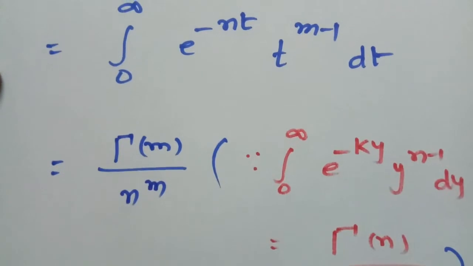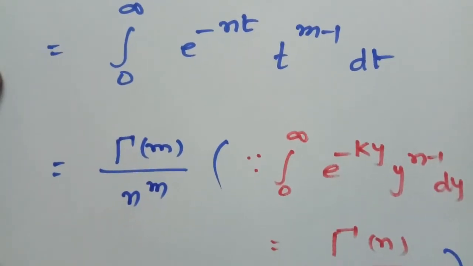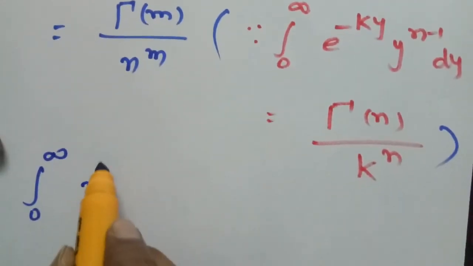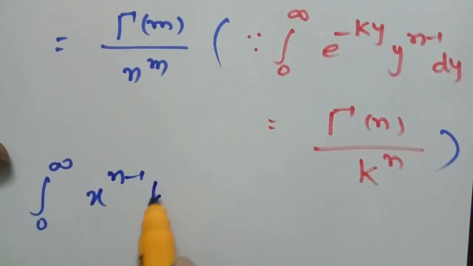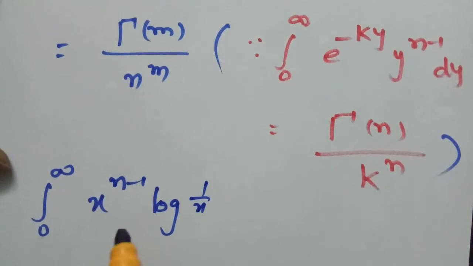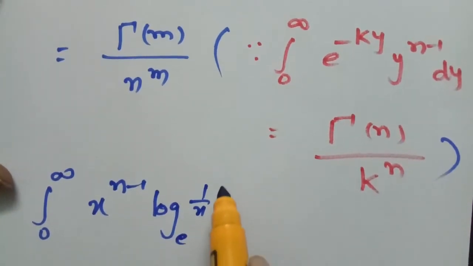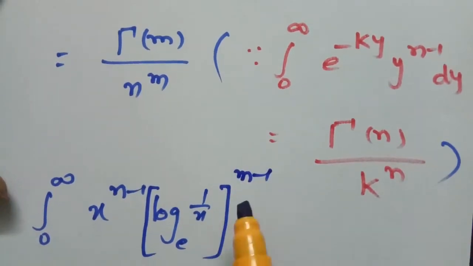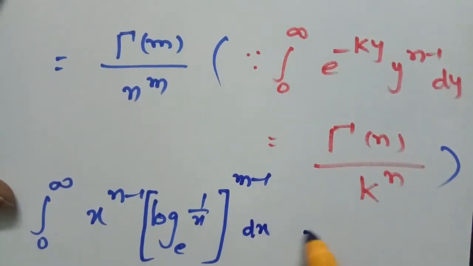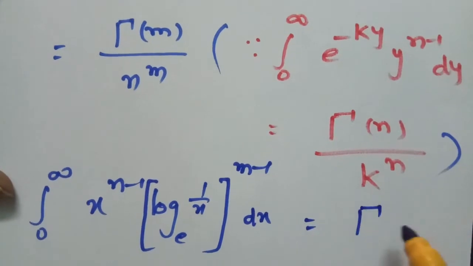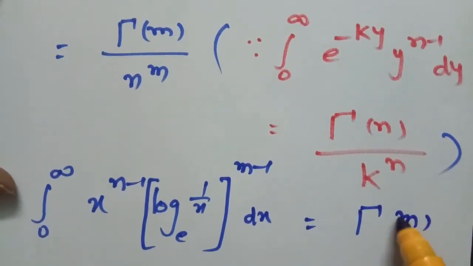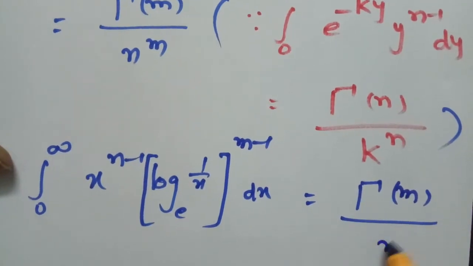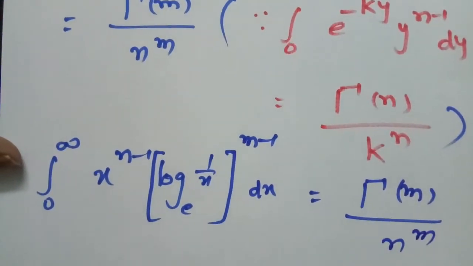This is our required integration value. The integral from 0 to 1 of x power n minus 1 into (log of 1 by x base e) whole to the power of m minus 1 dx is equal to gamma m by n to the power of m.